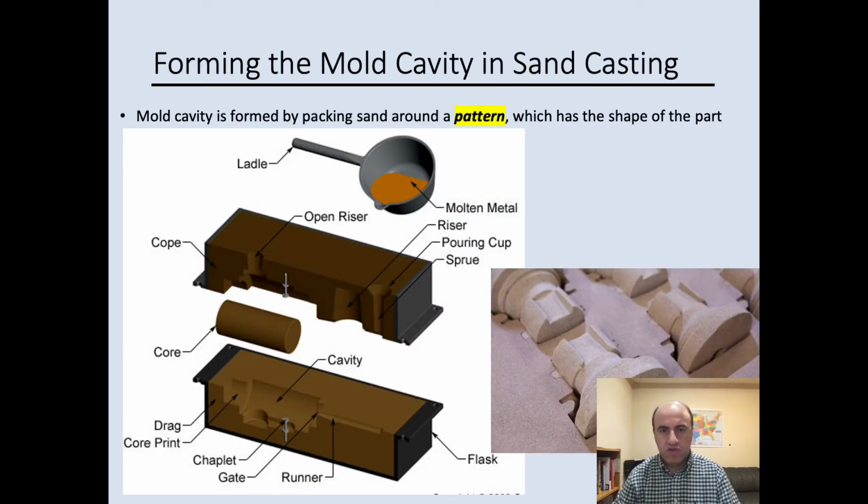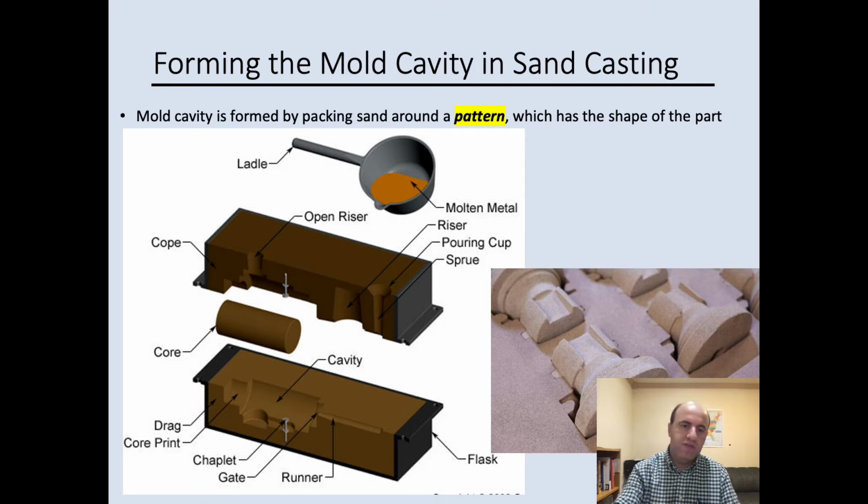Here we have a slide that shows the process for making a mold cavity in the sand casting process. In sand casting, we need a pattern, which is similar to the actual metal cast part that we need. The pattern is oversized, which is important because it allows for shrinkage during solidification, and the pattern makes the external feature of the cast part.